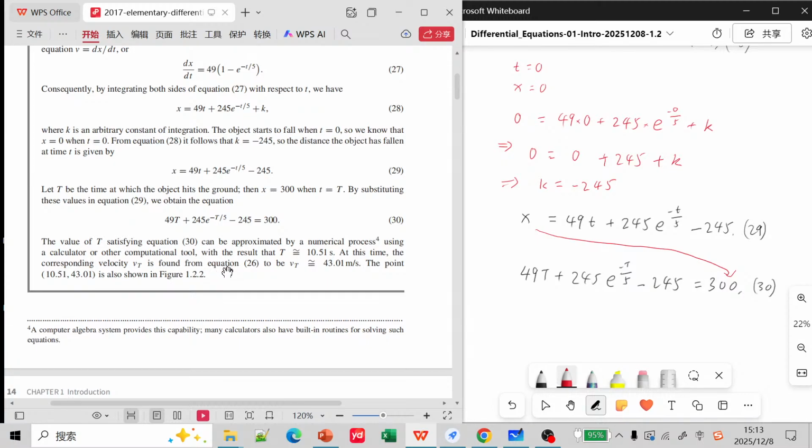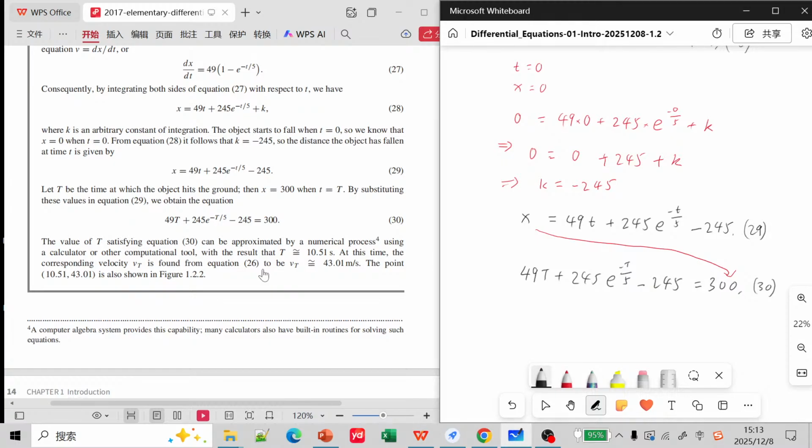Suppose we use some computer or program, we can get this T is approximately equal to 10.1 seconds.